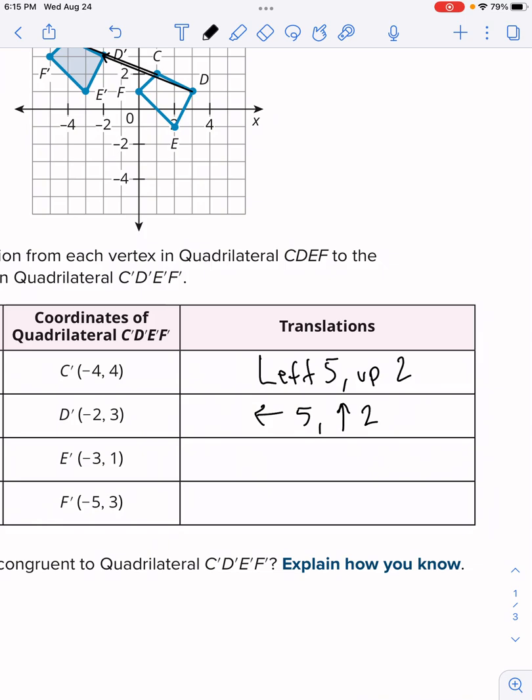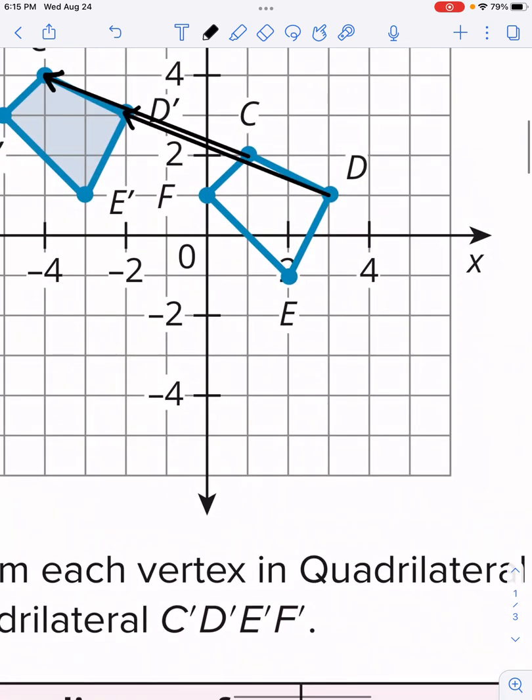All right, now let's move to E, the next one. All right. I'll switch my directions. I'll go left for this one. 1, 2, 3, 4, 5 to get to the same amount to the left, and then 1, 2. So same exact thing there.